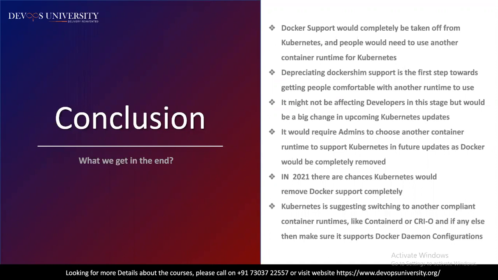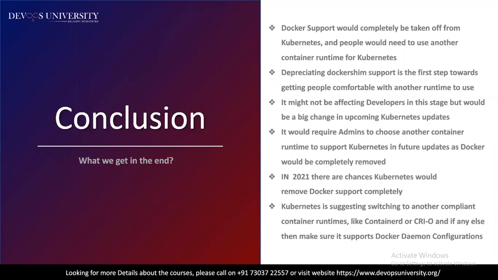All right. It would require admins to choose another container runtime to support Kubernetes in future updates, as Docker would be completely removed. If we don't want to use the default container runtime interface, the admins would have the option to use another container runtime, whether containerd or maybe Dockershim if it is going to be maintained by Mirantis.